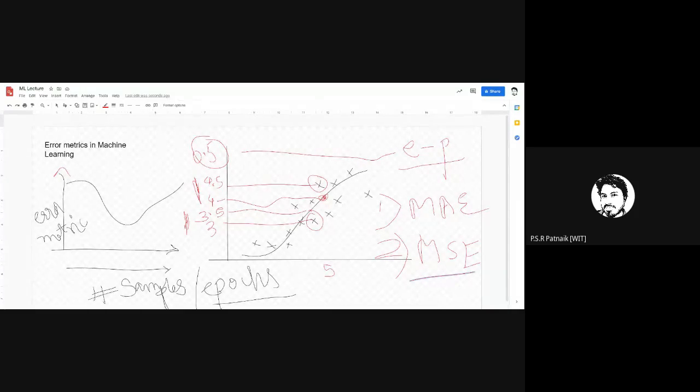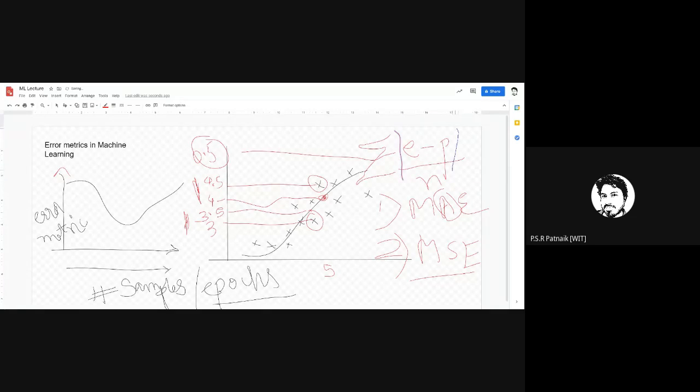So when we say mean absolute error, we still take an average. So we take differences, right? I take the average of all the differences: the summation of all the differences divided by n samples. But what I'm doing is taking the absolute value.